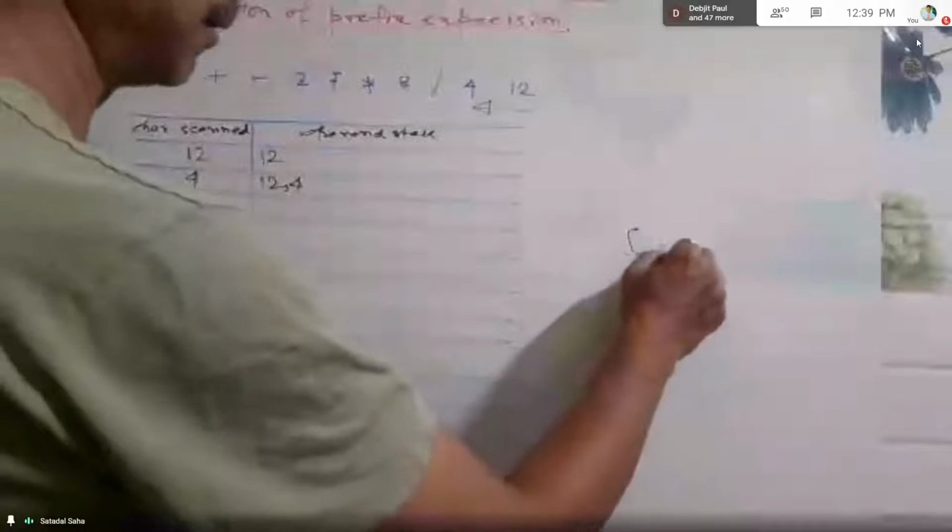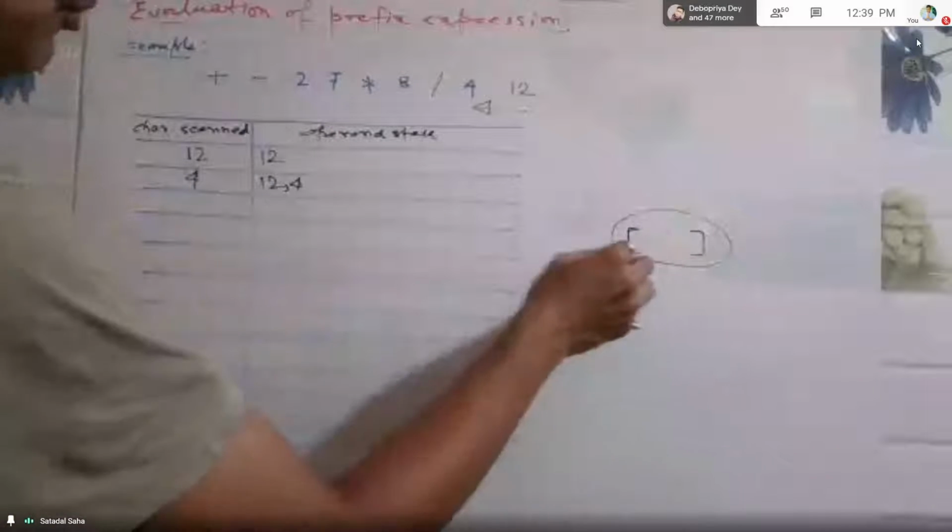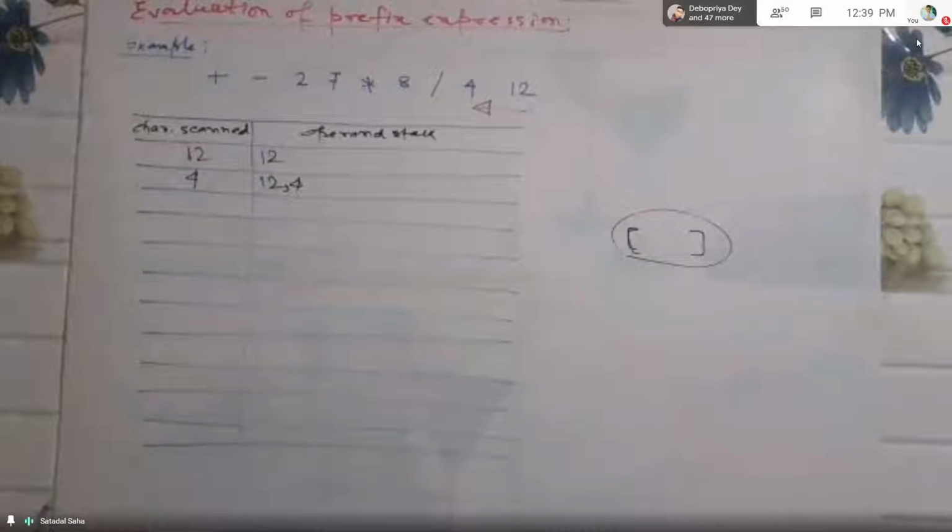Also, in the previous algorithm, in the conversion of infix to prefix expression, in the second algorithm, we put some square brackets in the stack. I forgot to mention that these square brackets are not actually put into the stack. It is for our own understanding of which part is what.